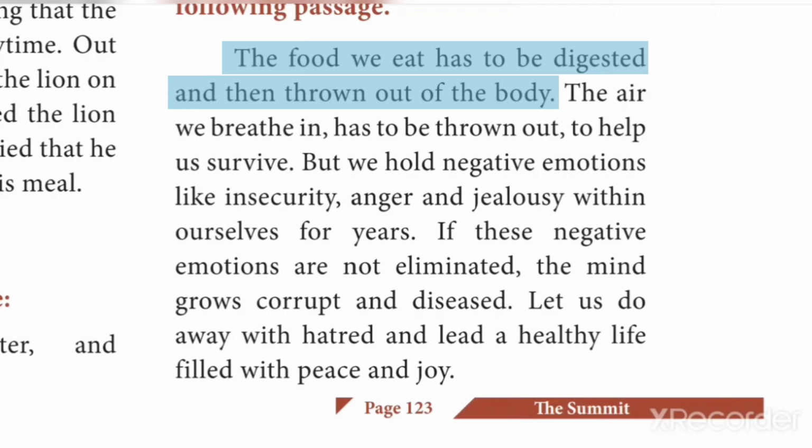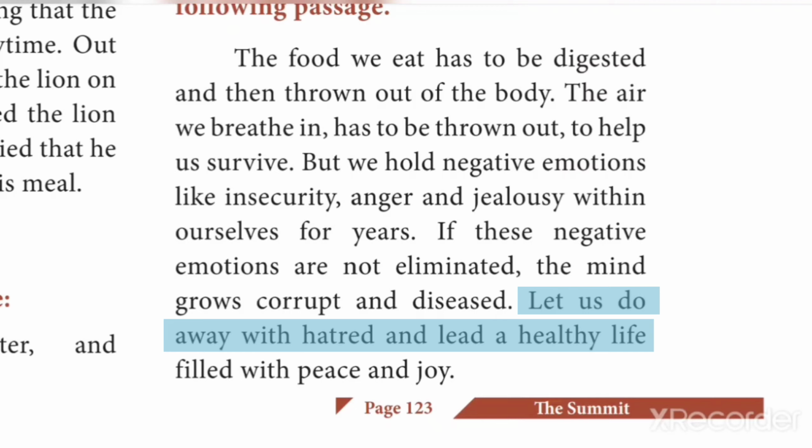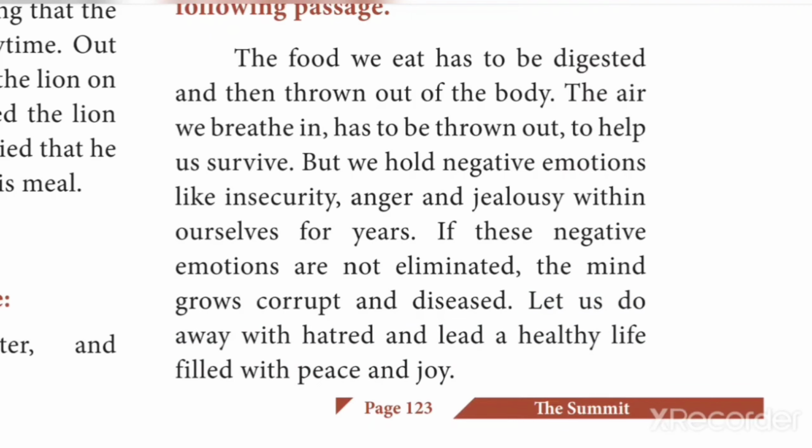And the sentence at the end of the passage, that is the last sentence of this passage, let me read it. Let's do away with hatred and lead a healthy life filled with peace and joy. This is another compound sentence. So in this passage, we find only 2 compound sentences. You can just go through and find out.